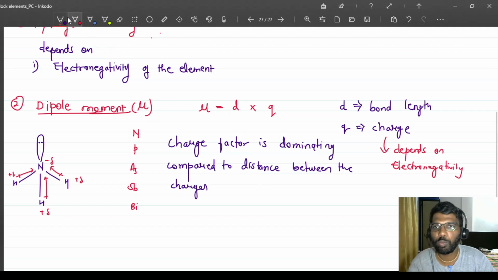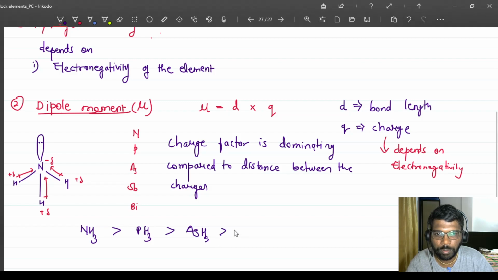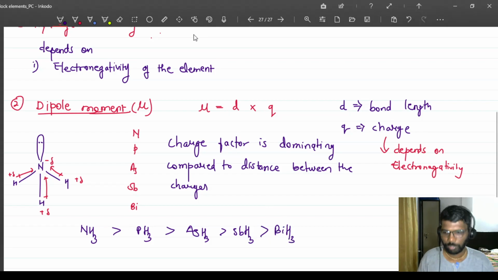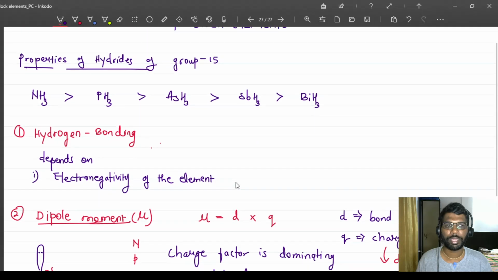So the dipole moment will be maximum for NH3, then PH3, because the charge separation is more, and AsH3 and so on, with the least for bismuth hydride. This is how we have to understand the dipole moment of the hydrides of group 15 elements.